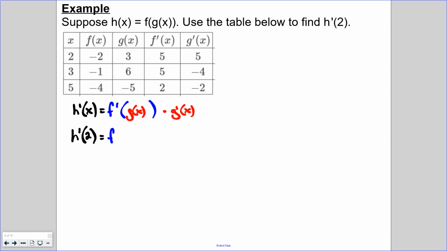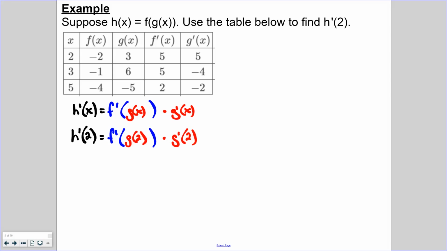So we can substitute that in, f prime of g of 2 times g prime of 2. So looking at this table, we're trying to substitute values in for g of 2 and g prime of 2.